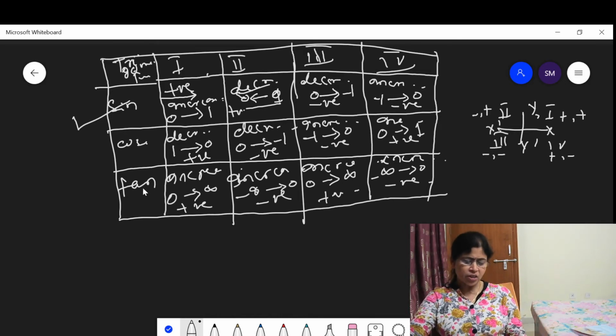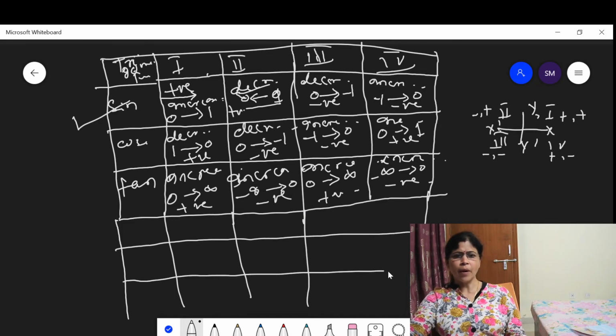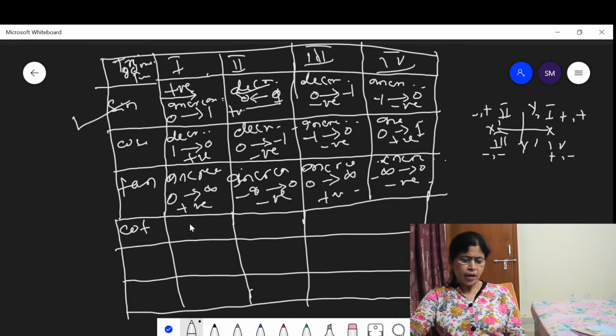Now let us discuss cot, sec and cosec. Here the cot theta: as the tan function is always in increasing mode from 0 to infinity in the first quadrant, the opposite is the case for cot.